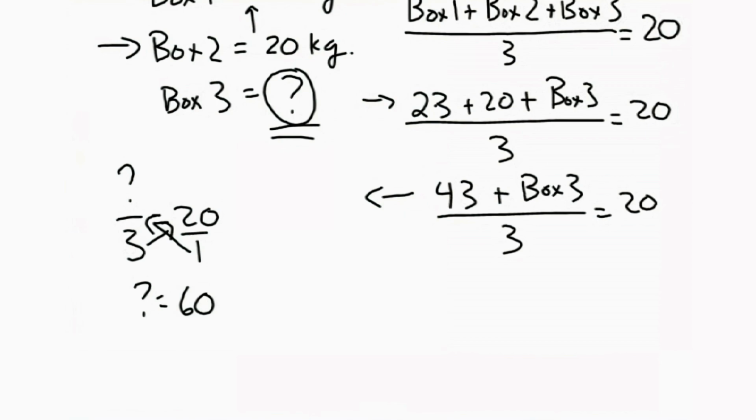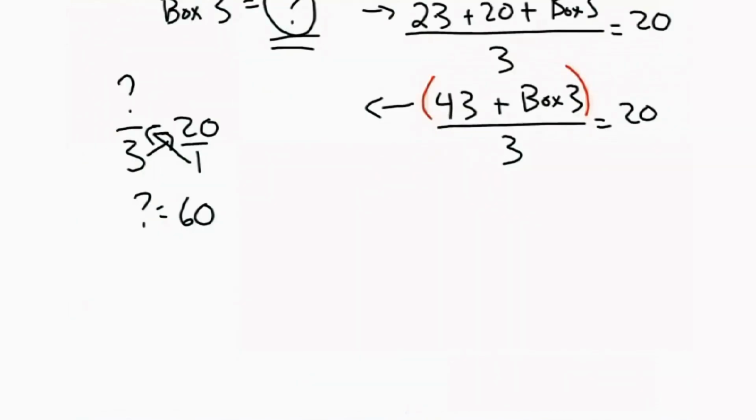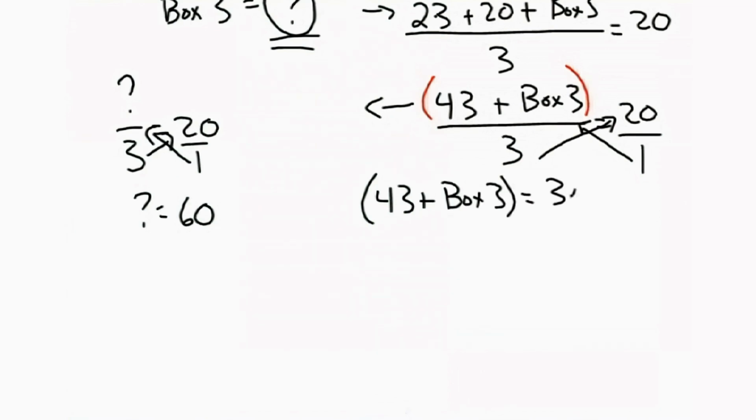But nonetheless, we can still solve it mathematically, and what I'm going to do there, because really I have an unknown in my numerator, I'm going to put brackets around that, and I'm going to say 43 plus what number, over 3, is equal to 20. And now I can cross multiply bottom to top, and I get 43 plus box 3 is equal to 3 times 20.